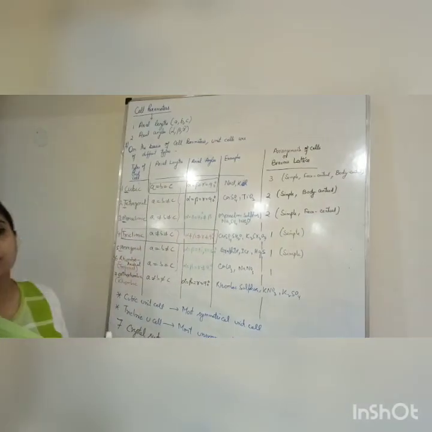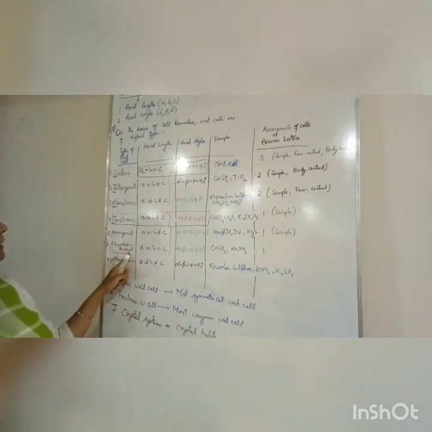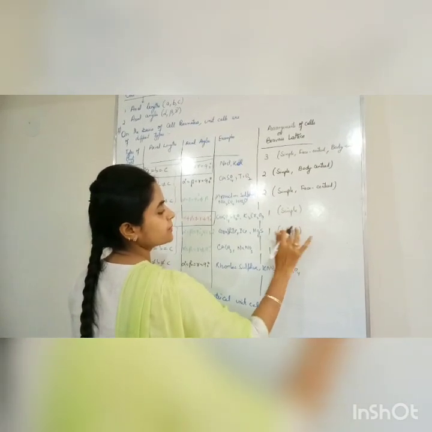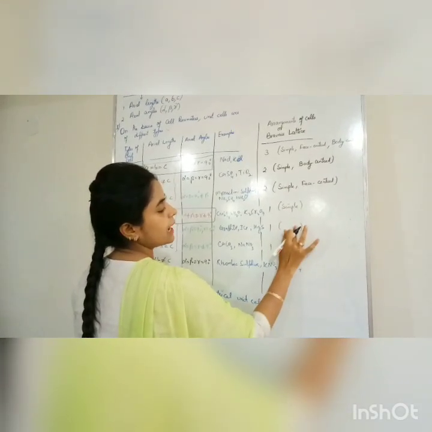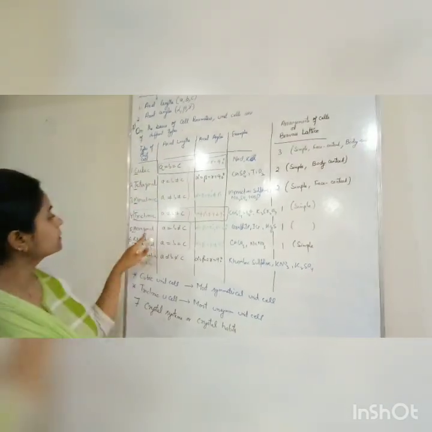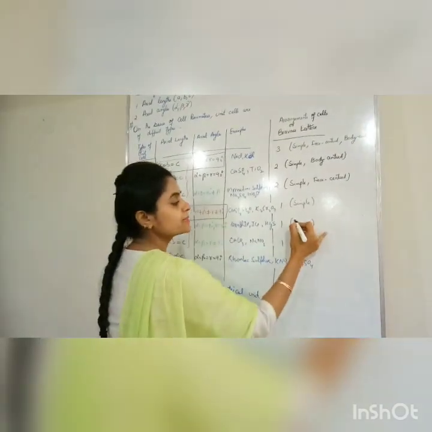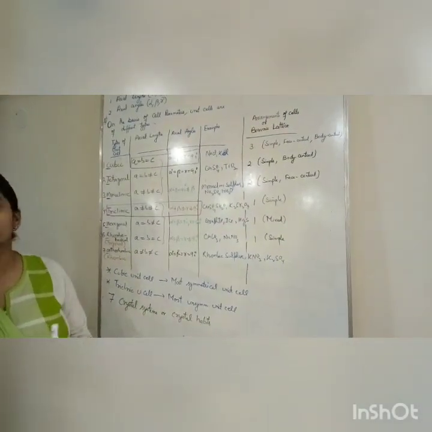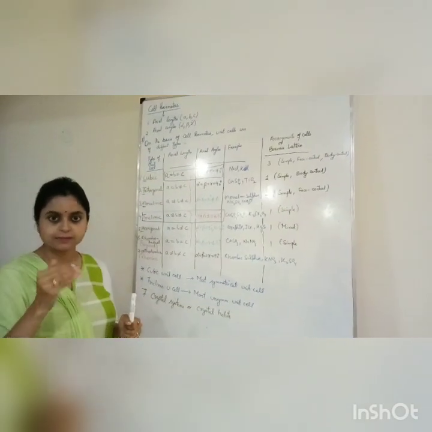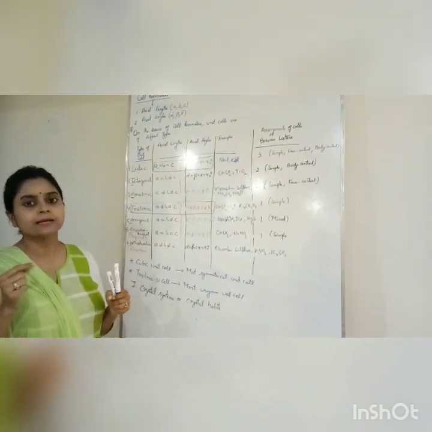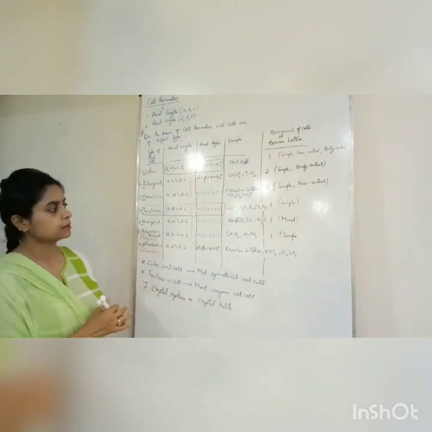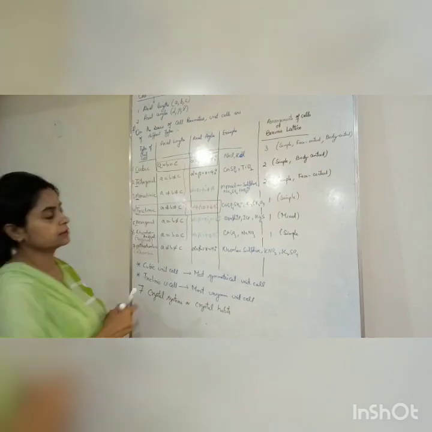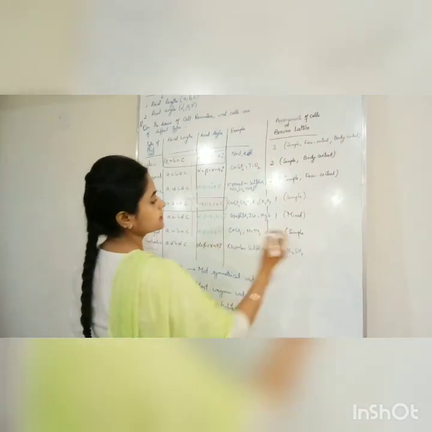In most of your books, it has been mentioned that hexagonal shows simple arrangement, but in higher classes we study that hexagonal actually shows a mixed type of arrangement, in which some atoms are present at the corners, some at the face center and some at the body center. But it shows only one type of arrangement, that is one mixed, and this is simple.